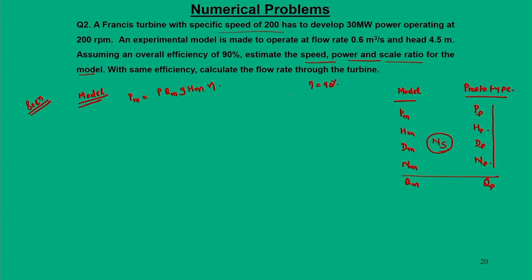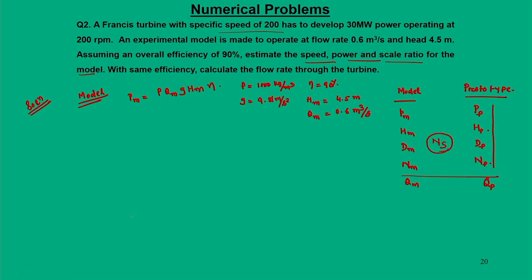and Hm, the model has to operate at a head of 4.5 meter, Qm is 0.6 meter cube per second, rho stands as 1000 kg per meter cube, g stands as 9.81 meter per second square.